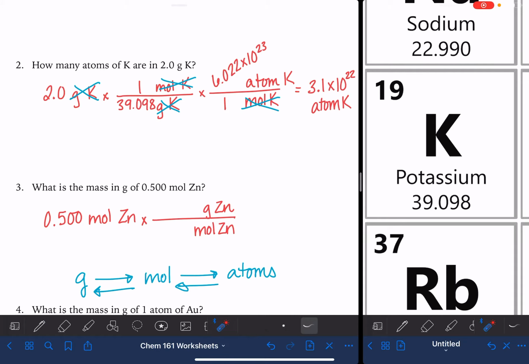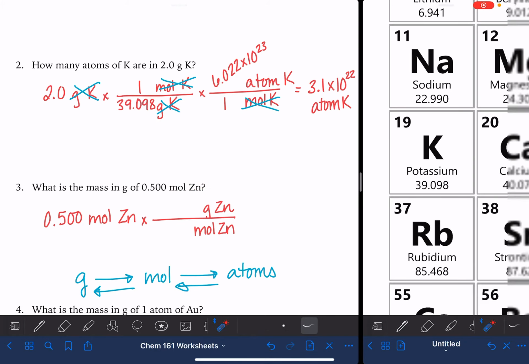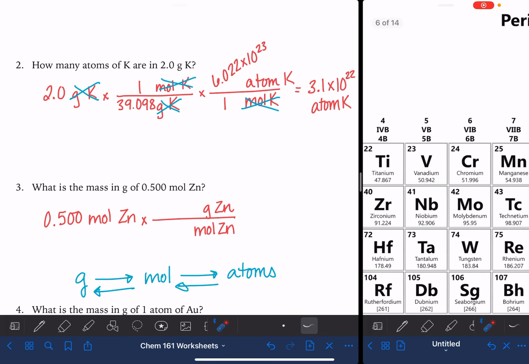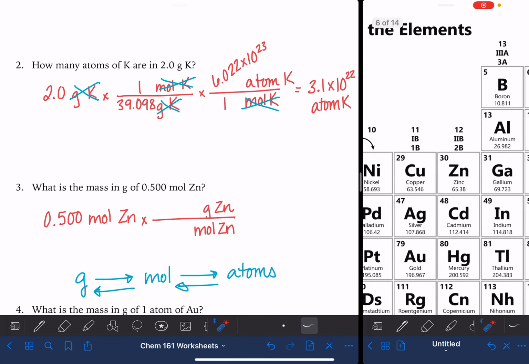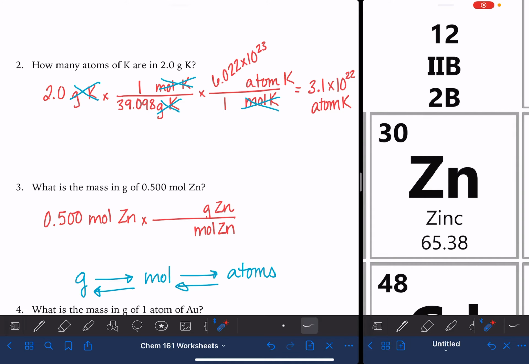Okay, so to fill in this conversion factor, we're going to need the information for zinc. So let's find zinc right here. Its mass is 65.38. That means 65.38 grams in a mole. The moles of zinc unit will cancel.